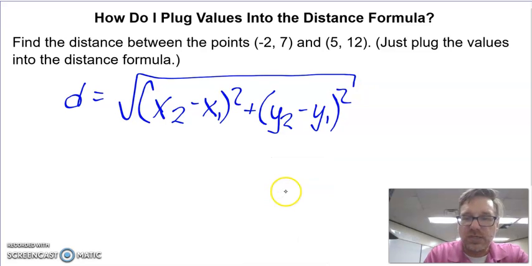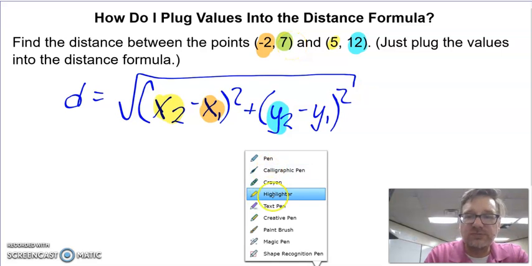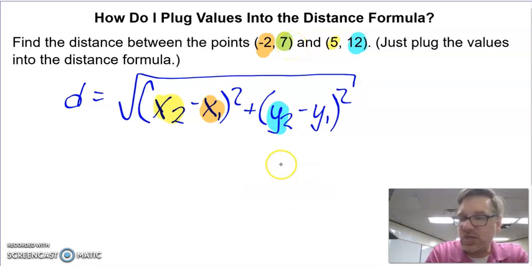So when we plug it in, I'm going to highlight again because I love highlighting. Second x value minus first x value, second y value minus first y value. So there's my formula again. Just wrote it down. We just saw it right above us, but it's always nice to write it down.